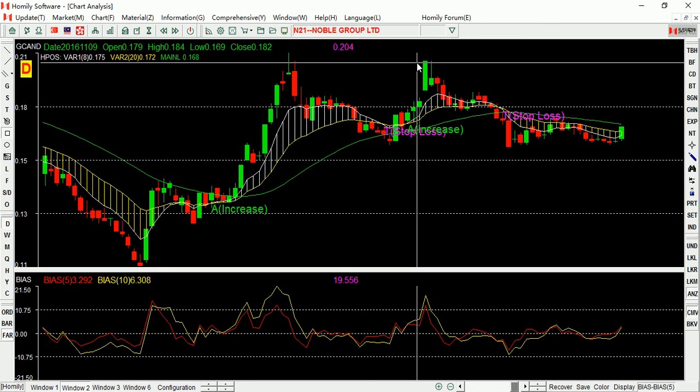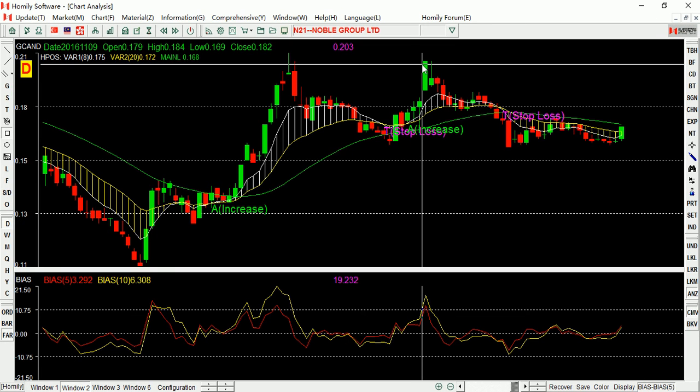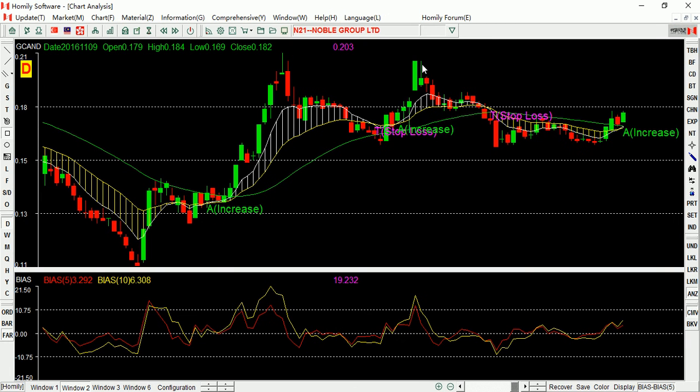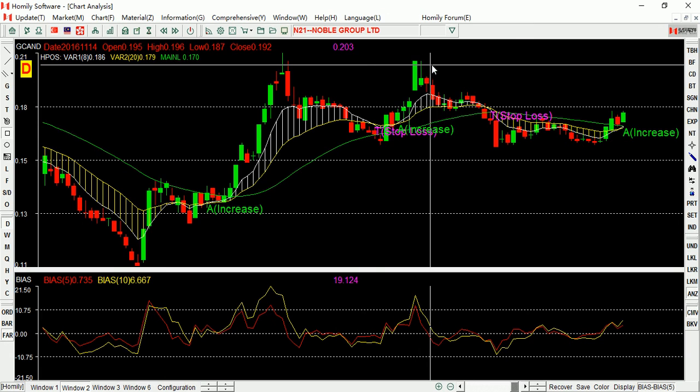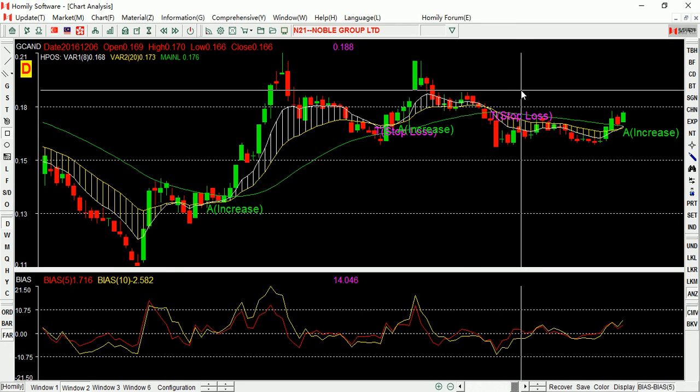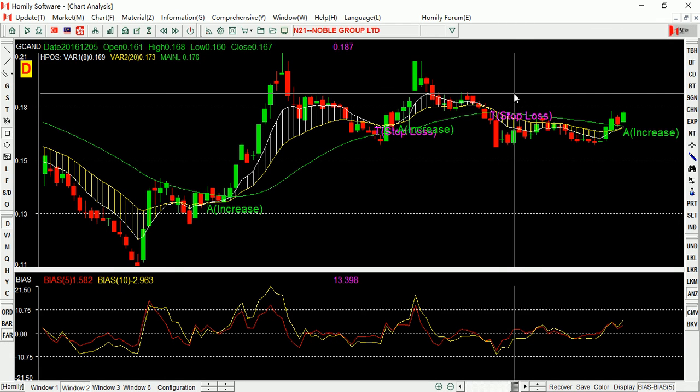So if you want to sell at the top, you can sell around here. If you follow the function, you sell around here, because 3 days still down.